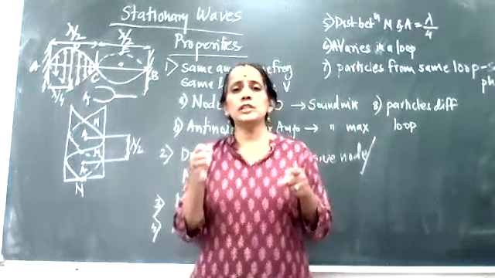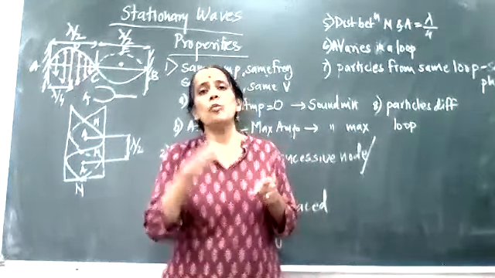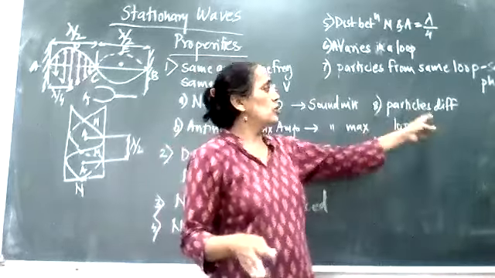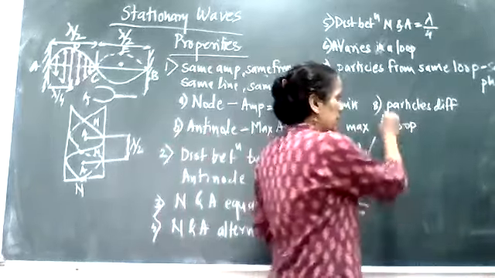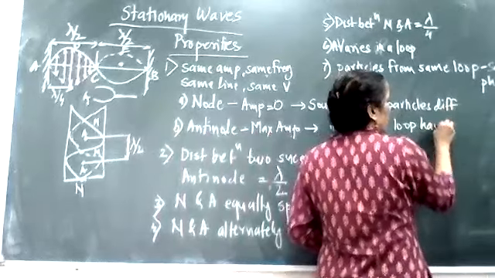Means if I change the location of particles from loop to loop, their phase will go on changing. So particles from different loops have different phase.